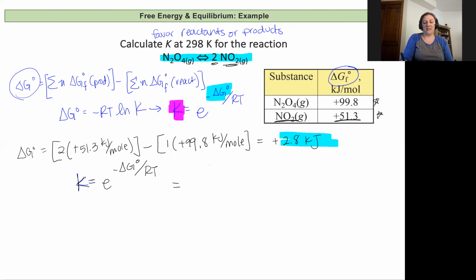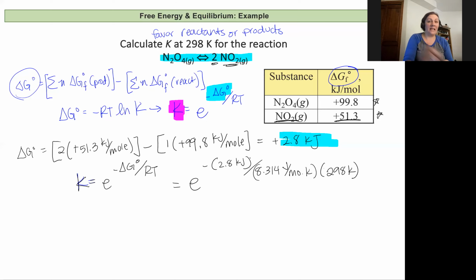So it'll be the exponent of negative 2.8 kilojoules, divided by 8.314 joules per mole Kelvin, and times our temperature, which is 298 Kelvin for the reaction.